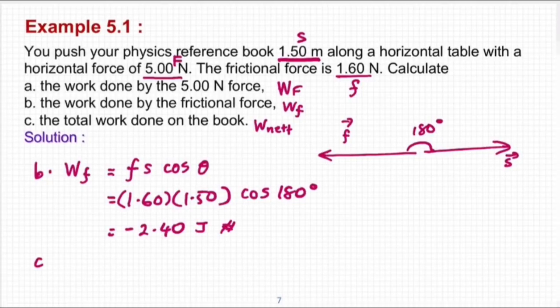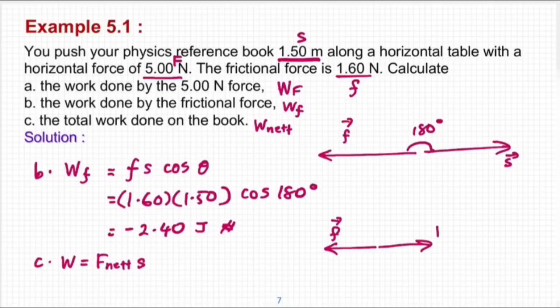For C, we want to find the total work done. So actually, you can just add the work done that you have calculated in A with B. But I will show you another method in which we will use W net is equal to F net S. So to use this, we have to find F net. For F net, you have to look at the forces in the X component because the displacement is also in the X component.